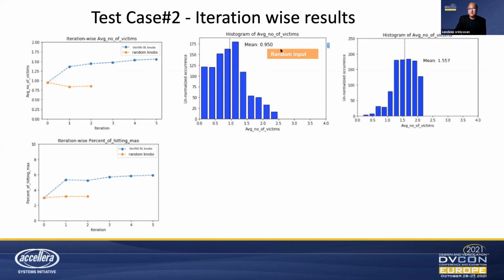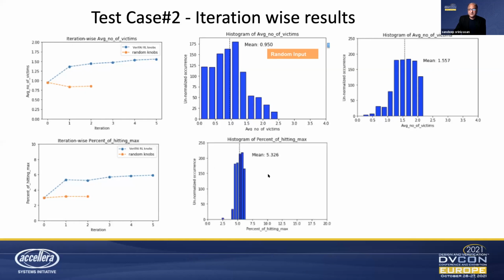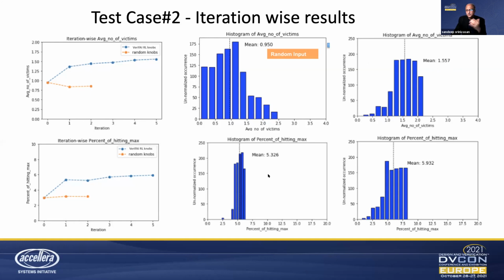The mean of the average number of victims is 0.95, and it increased pretty dramatically to 1.55 in just 4 iterations. The other metric, as we mentioned earlier, was the percentage of hitting max, which is how many times you hit the max victim buffer count. The mean of that also significantly increased in 4 iterations, as shown in these 2 plots.